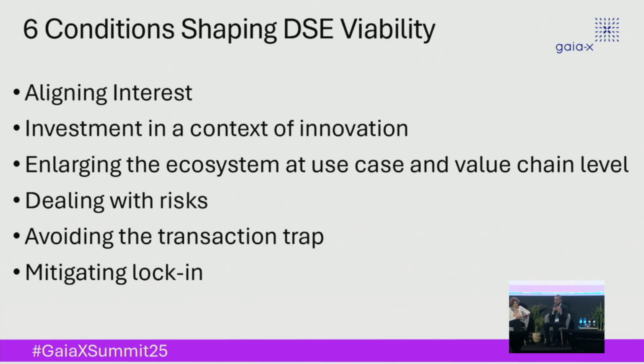Once this subset is found, we need to put them around the table and help them collaborate. That's the work of the orchestrator, but also the role of the technical intermediary, which should bring a technology that aligns those interests regarding the value chain characteristics and the profile of the participants.